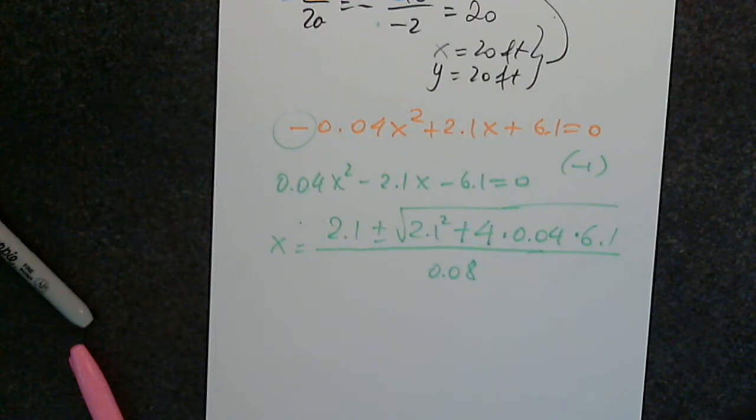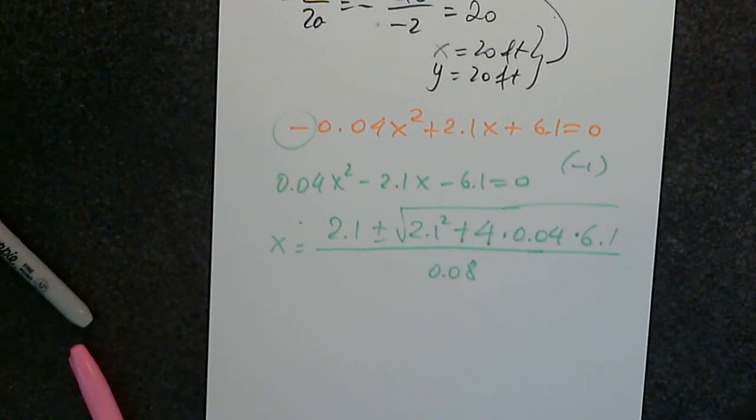Okay, so let's calculate that. So left parenthesis for the numerator, 2.1 plus the square root, parentheses, 2.1 squared, plus 4 times 0.04 times 6.1.